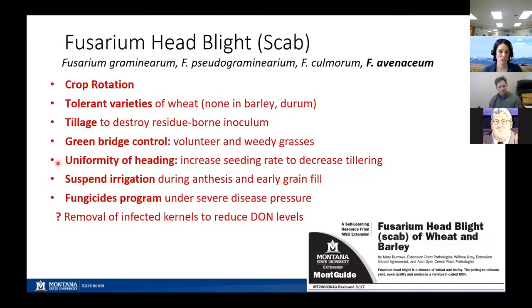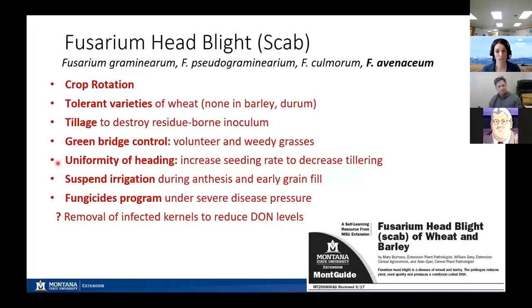And so the thought here being that should it turn out to be a year where Fusarium head blight is likely because of moisture conditions around flowering, the difficulty if you do not have uniform heading will be when do you apply your fungicide, because there is admittedly a very narrow window for this fungicide application. And so having a crop that develops at a rather synchronous pace will make your fungicide application more effective, or in other words, means that you will not have to apply fungicide twice, but just once.